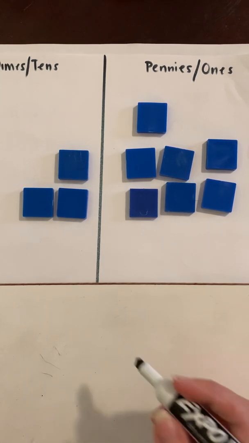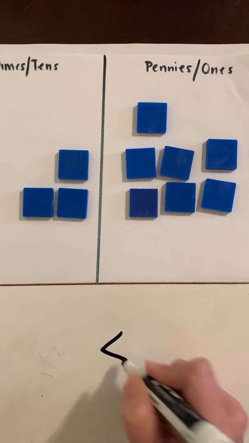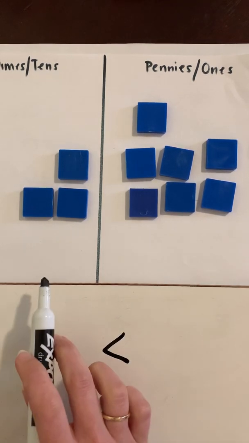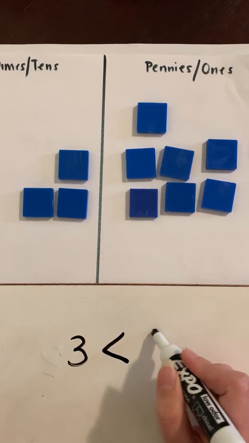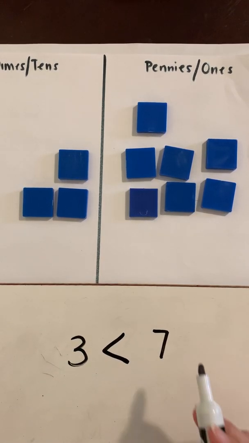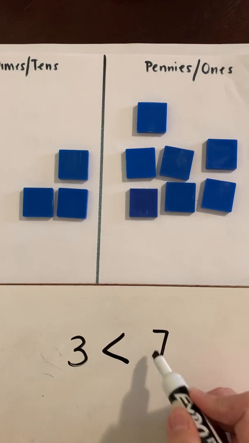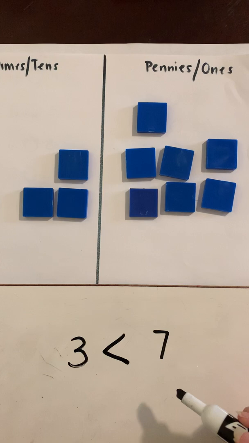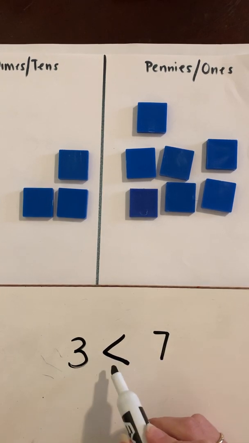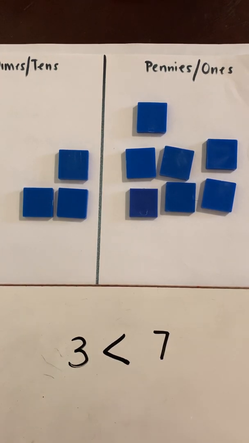In math, mathematicians will use a different symbol. It's called the less than symbol. 3 is less than 7. Look at my numbers. Is Pac-Man trying to eat the bigger number? Yes, he is. 3 is less than 7.